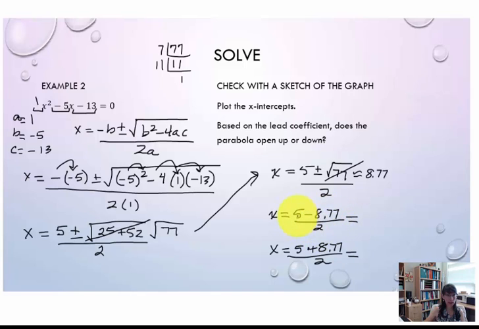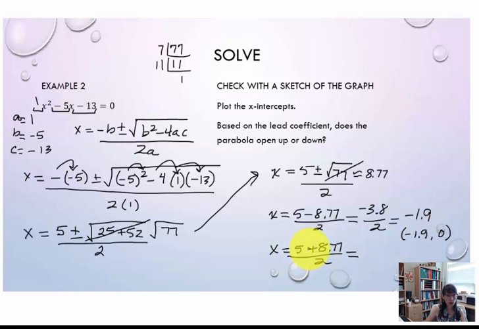on our x-axis. So when I take 5 minus 8.77, I'm going to have a negative value, and dividing by 2 leaves negative 3.8 divided by 2. So that would be about negative 1.9. So that is an ordered pair of negative 1.9 comma 0. That's an x-intercept or a 0 of the function.